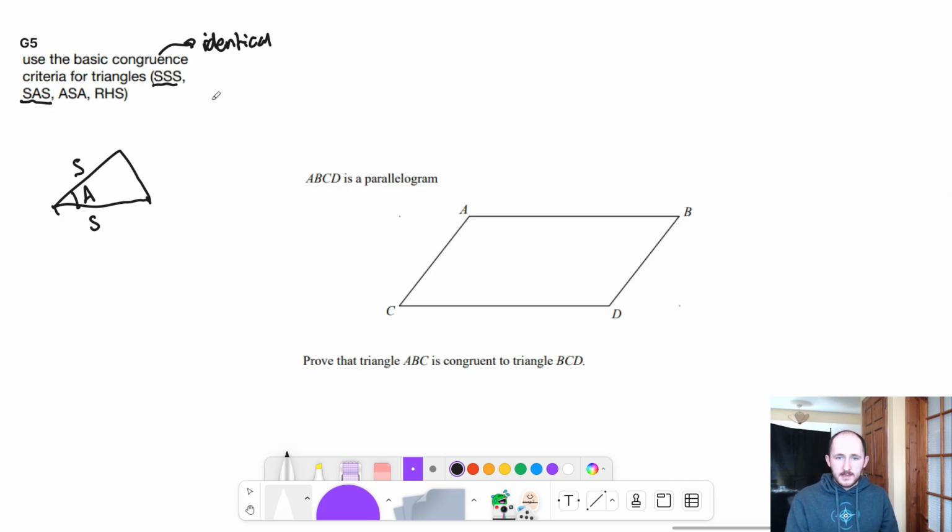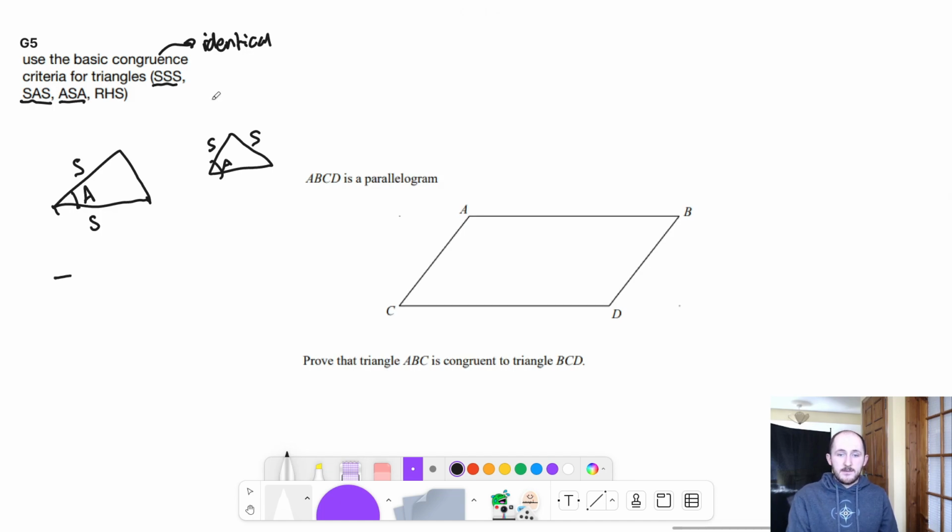They're congruent. So keep in mind with SAS, it has to be the two sides and the angle between those two sides. If you had something like side, side, and a different angle, that doesn't mean it's congruent. It has to be the angle between.